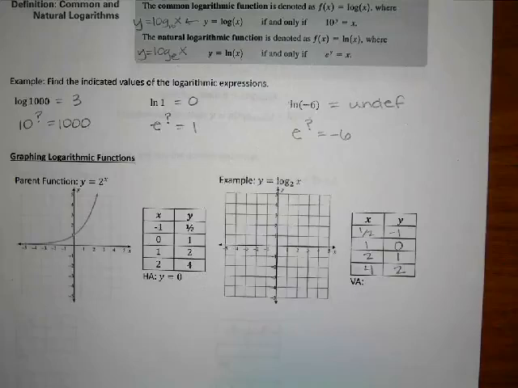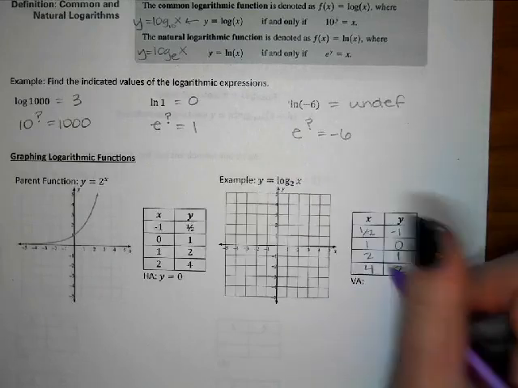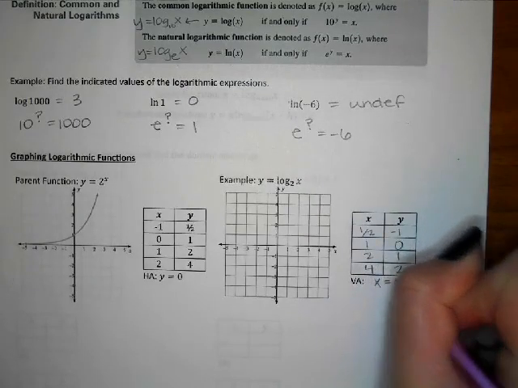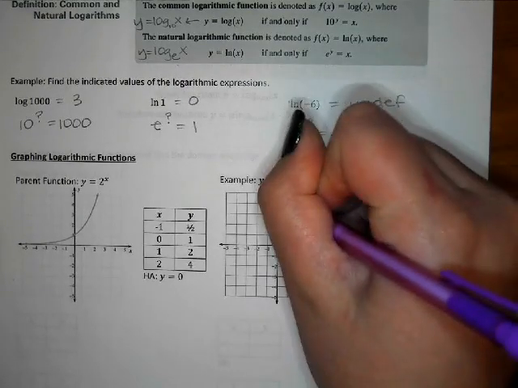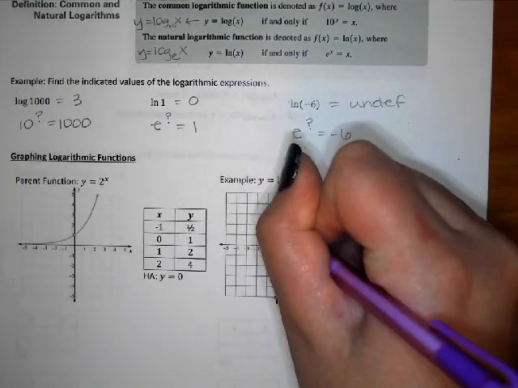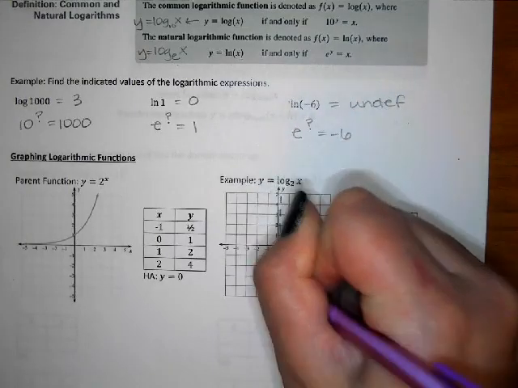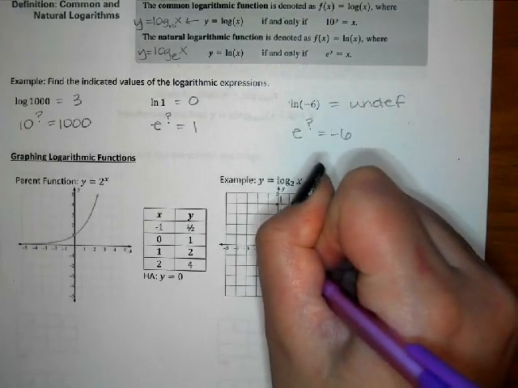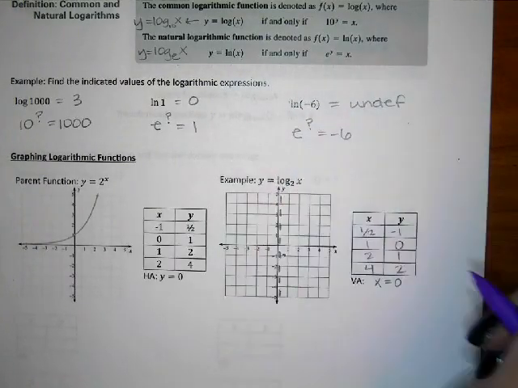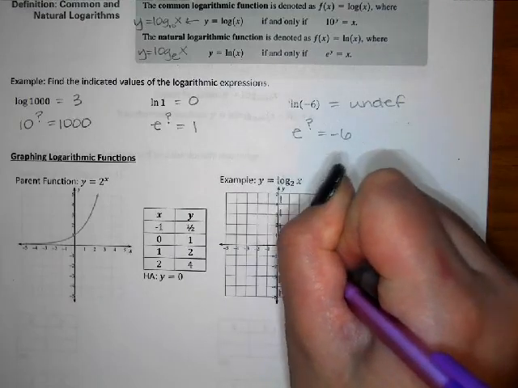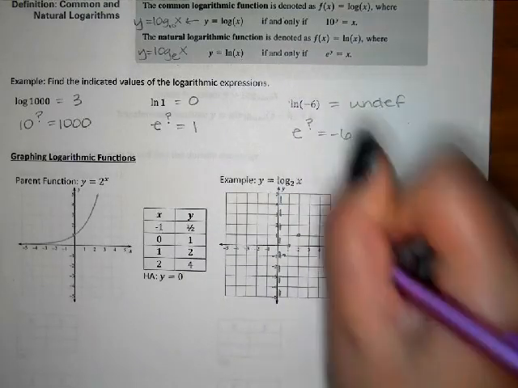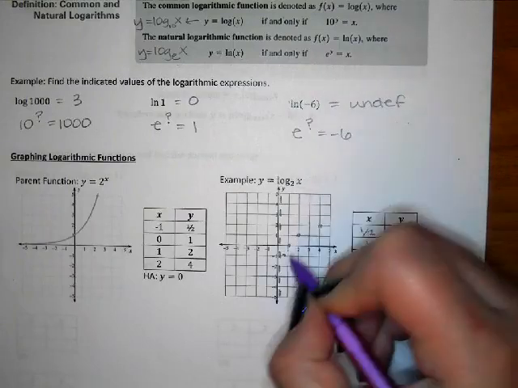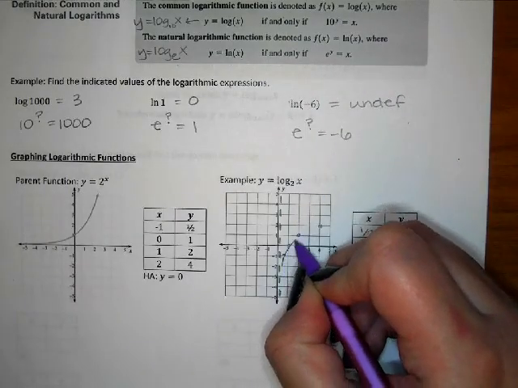And then instead of having a horizontal asymptote at y equals 0, we would have a vertical asymptote at x equals 0. So I'm going to go ahead and draw in this vertical asymptote. And we've got (1/2, -1), (1, 0), (2, 1), and (4, 2). And so a log graph looks like that.